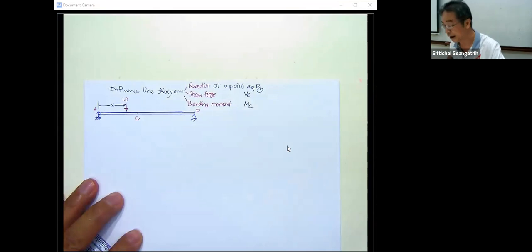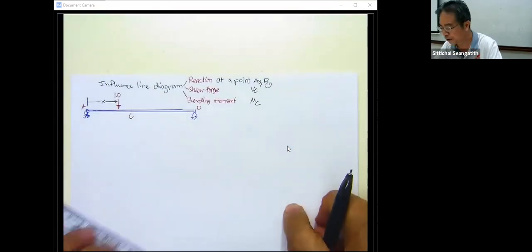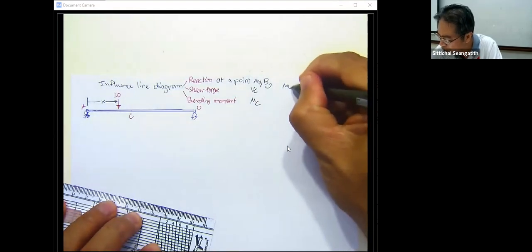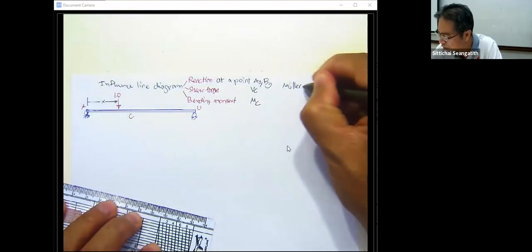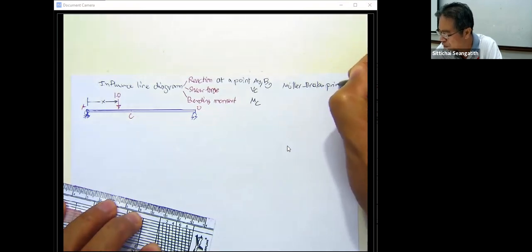Let me start with this beam first. We're going to use the Muller-Breslau principle to draw it.